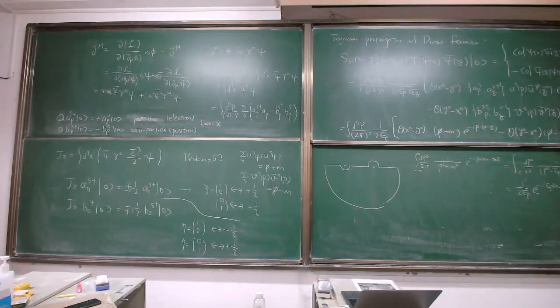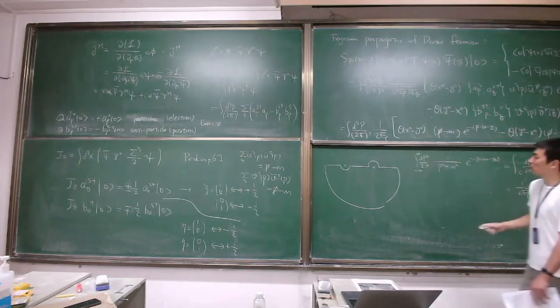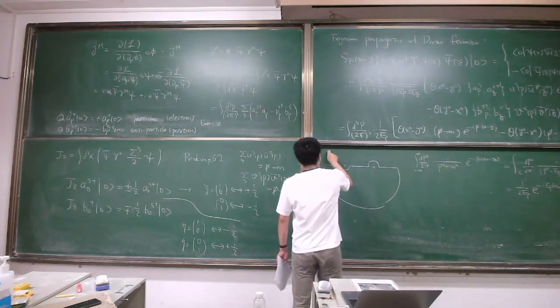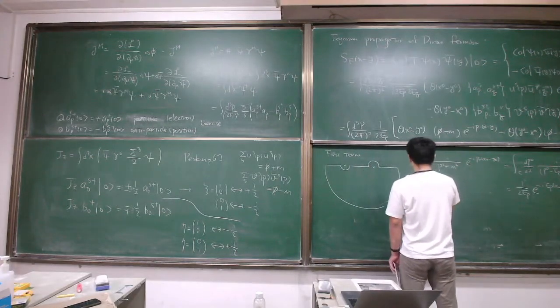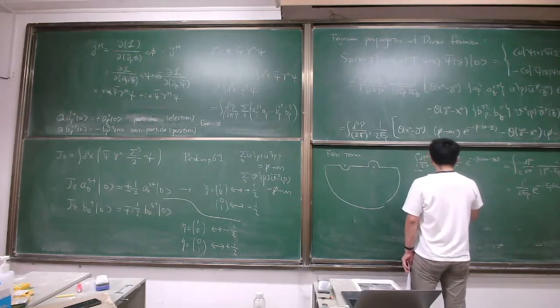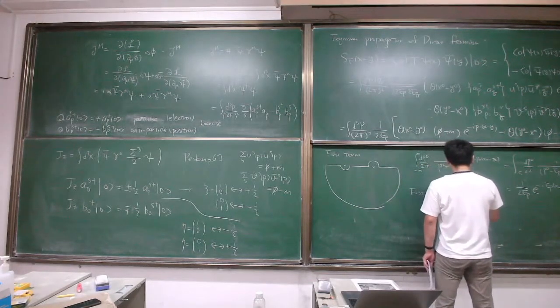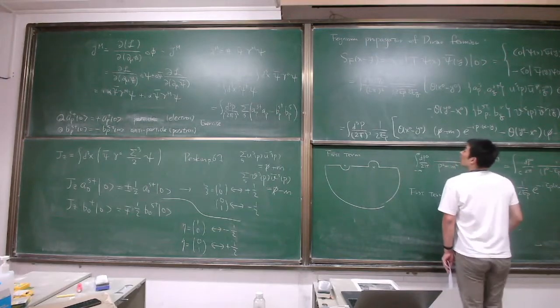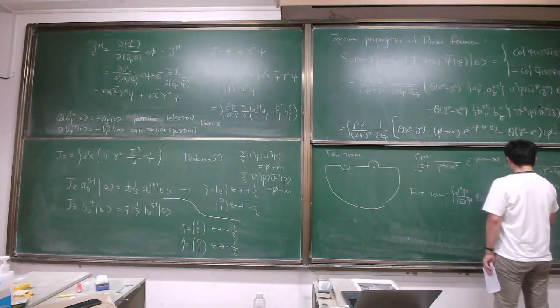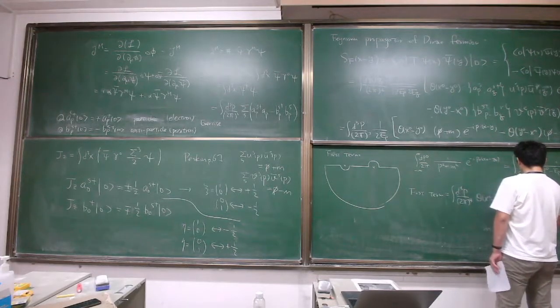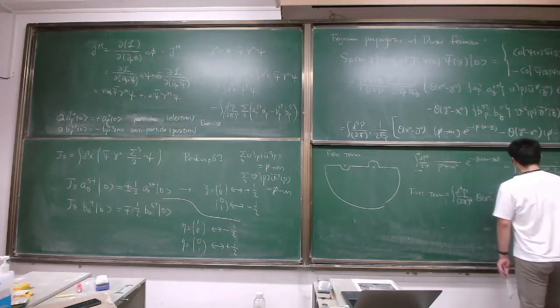On the other hand, here it's a bit more complicated. So again, we need to take the first term. So the first term is indeed d4p over 2 pi to the fourth, theta x naught minus y naught, p squared minus m squared, p slash plus m.